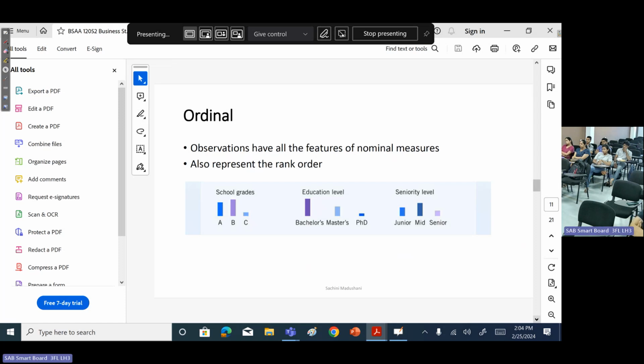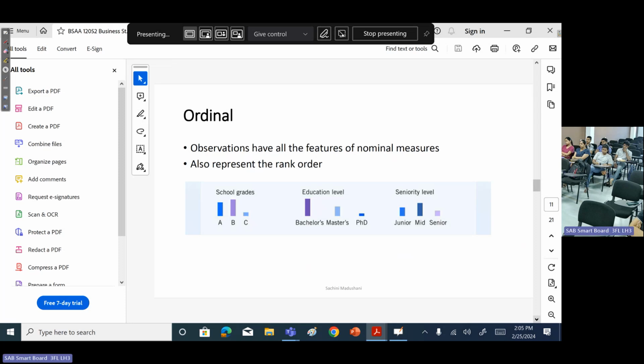Ordinal level measurement variables have all the features of the nominal scale. What are the features of the nominal scale? Label it, take the count of each category, and use equal and not equal. These three features are included in the ordinal level of measurement. Understood? Then what is the special characteristic of the ordinal?